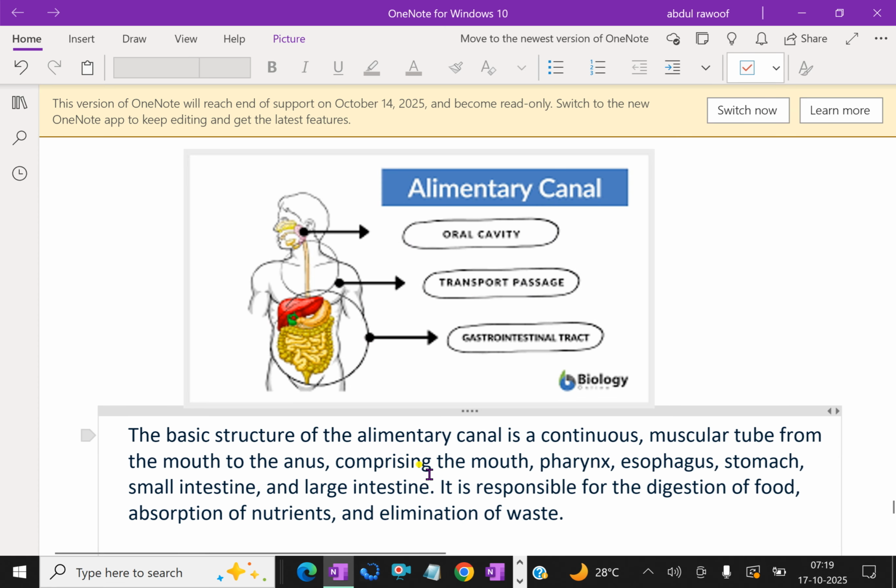The basic structure of the alimentary canal is a continuous muscular tube from the mouth to the anus, comprising the mouth, pharynx, esophagus, stomach, small intestine, and large intestine. It is responsible for the digestion of food, absorption of nutrients, and elimination of waste.